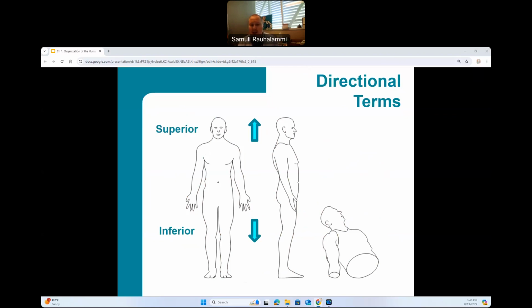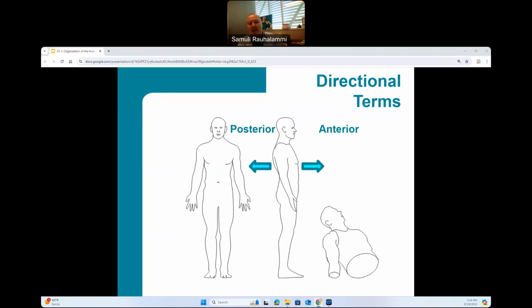So in humans, we can talk of an analog for superior: the term cranial, referring to close to the skull, the space where the brain is housed, or cephalic would be another one. Another term that I see being used kind of interchangeably with inferior would be caudal, really coming from the terminology referring to towards the tail.